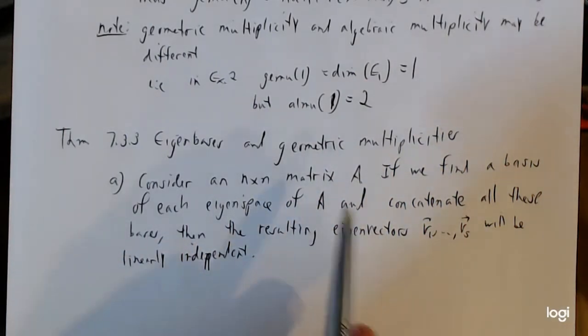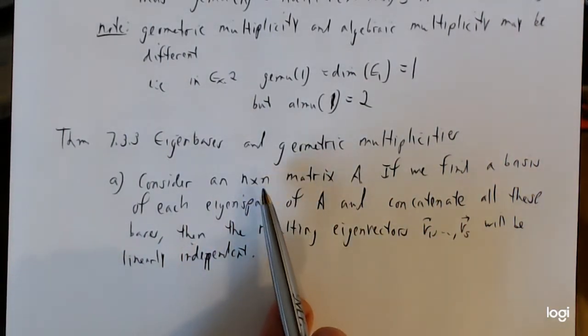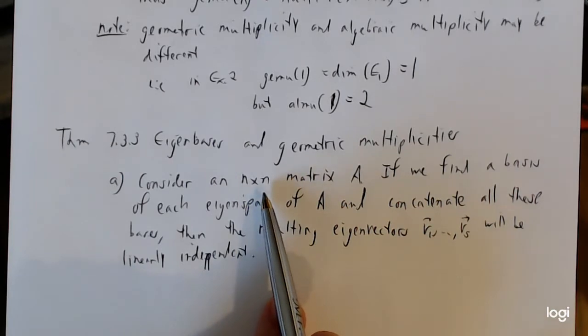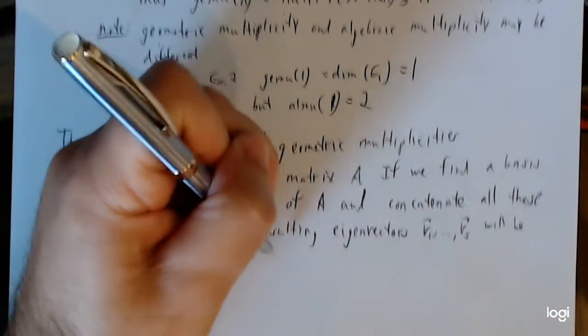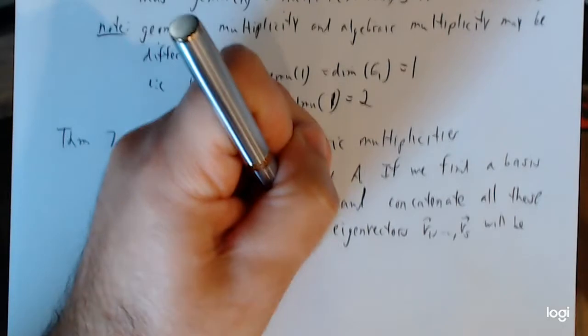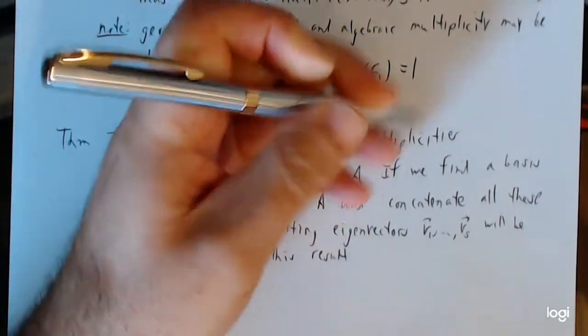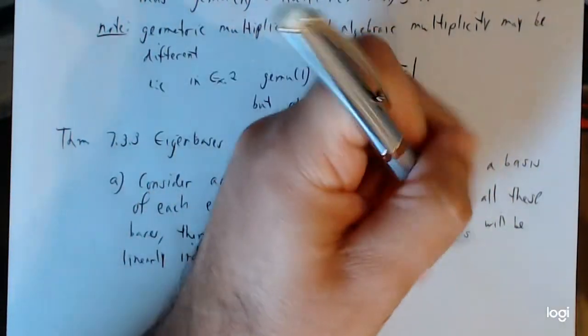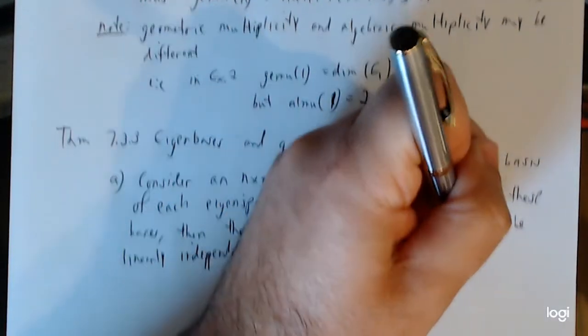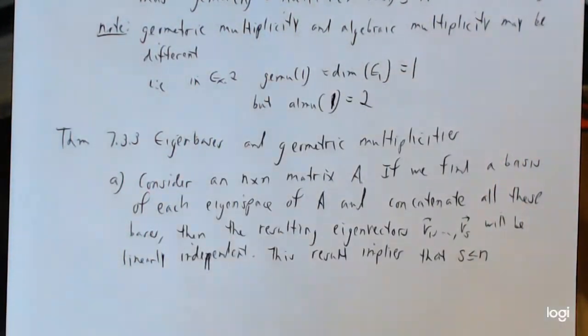So we had no more than n vectors. Now in example 2, we were in R3, but we found 2 linearly independent. So what that means here is that this result implies that s is less than or equal to n.